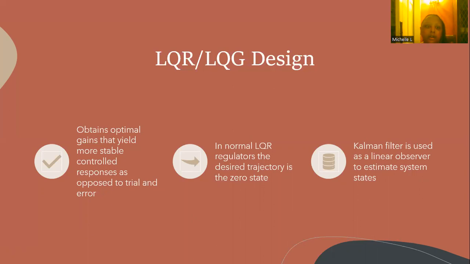So the LQR and LQG help to obtain optimal gains that yield more stable and controlled responses as opposed to trial and error. So the LQR and LQG design helps to reinforce the idea of stability for your PLC program system. In a normal LQR, the regulators are desired at a zero state.